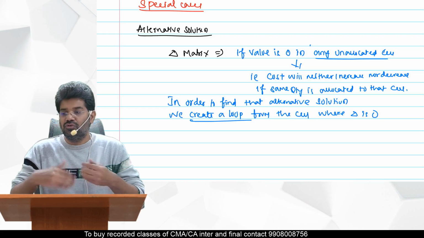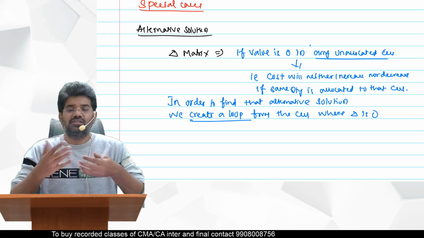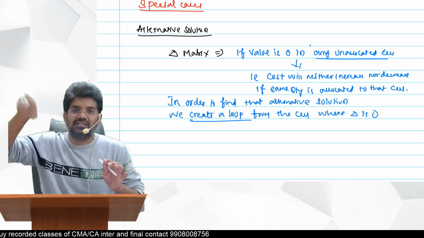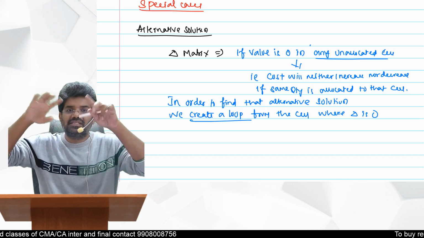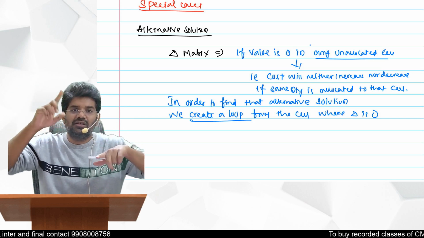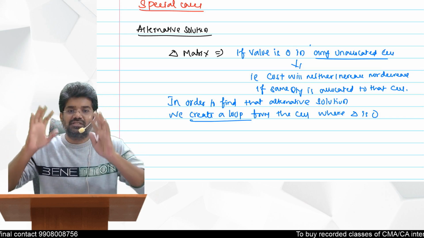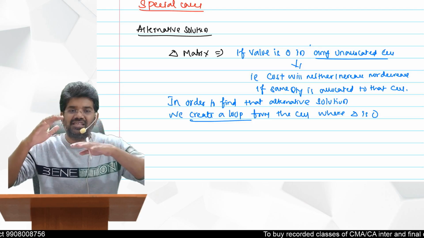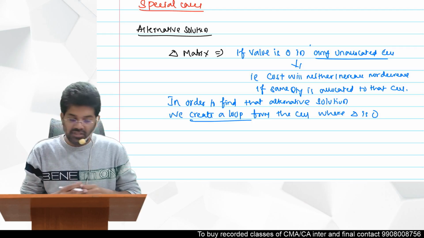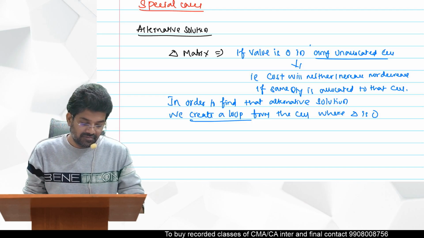So to know that the cost is not going to change, you have to draw a loop from 0 and put plus minus, same thing. The only thing is you should start drawing the loop from 0. Change the values, then see whether the cost is changing or not. The cost will not change. So this is an alternative solution. This is one special point.